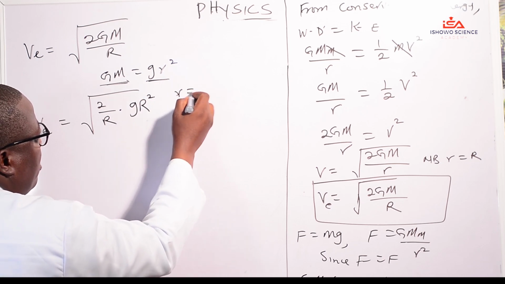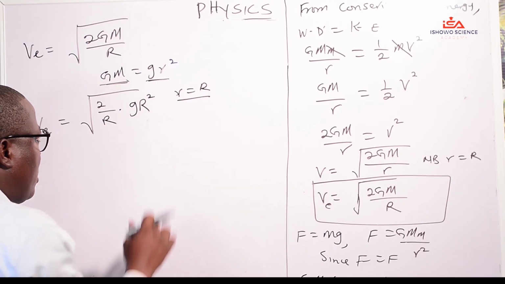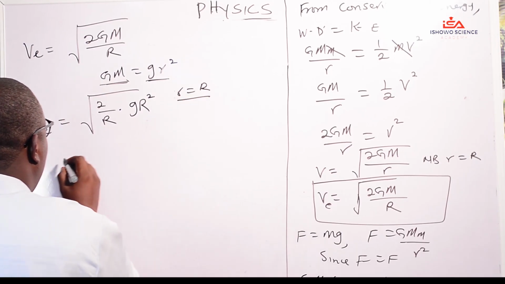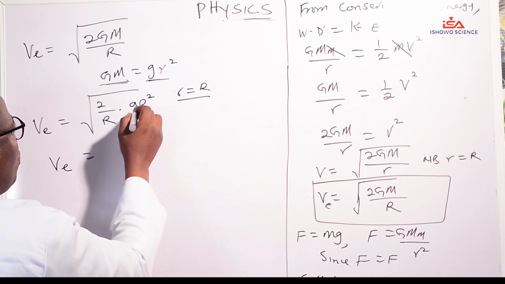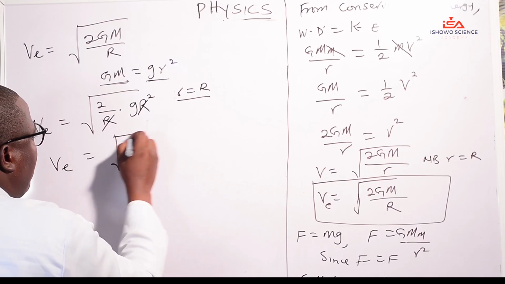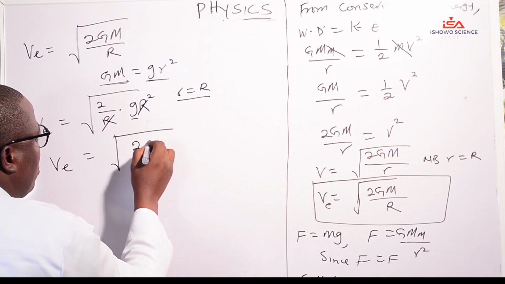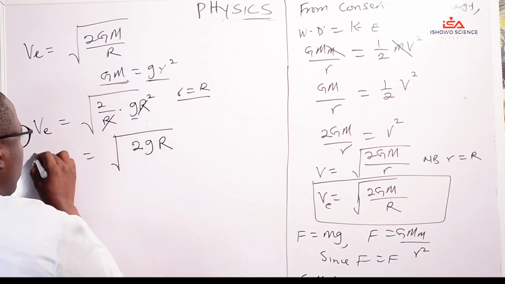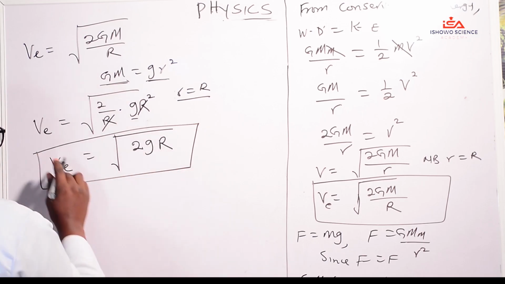Since I have said r is equal to R in this case, we can have our escape velocity equals the square root of, one R cancels with one R here. So our final result is going to be the square root of 2gR, which is the equation we are given to prove.